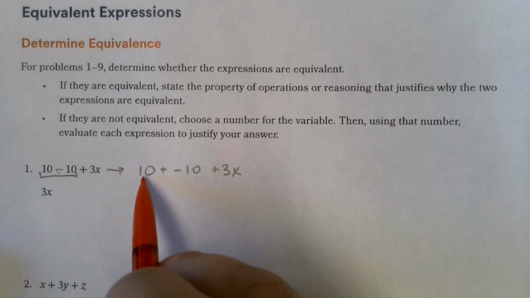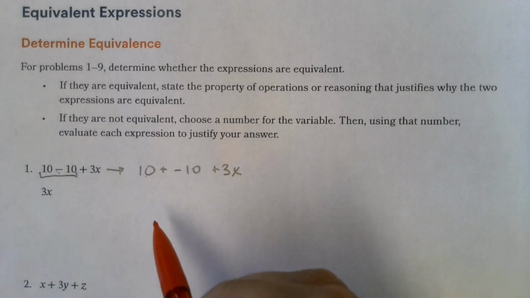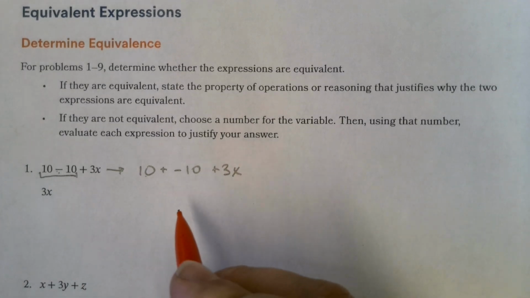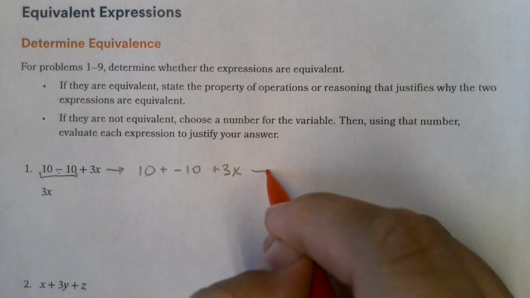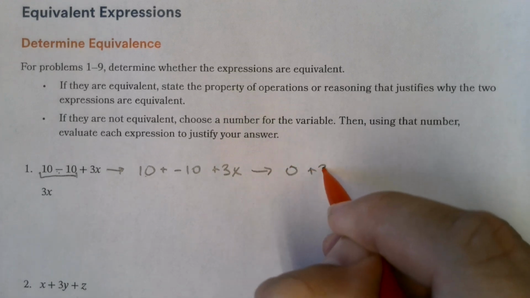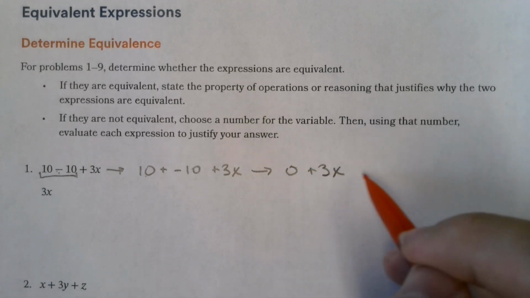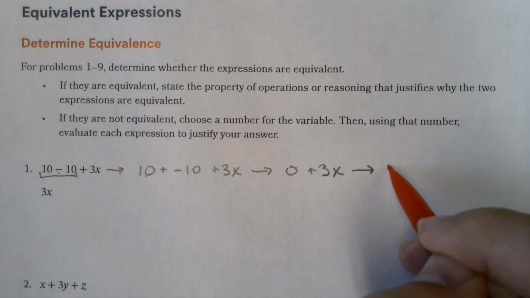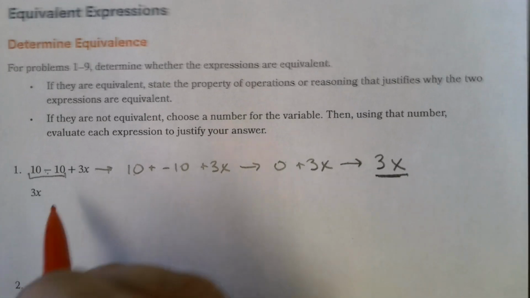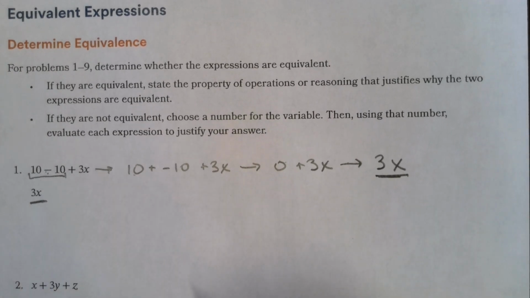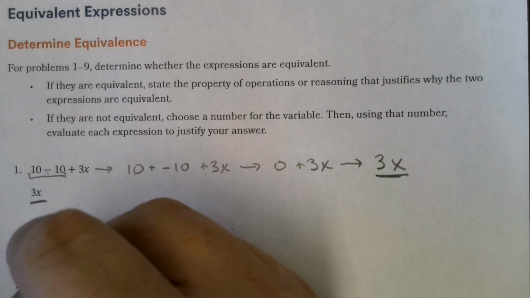Okay. And now we notice that 10 and negative 10 are additive inverses. And when you add additive inverses, you get 0. And anything plus 0 is simply itself. So I have 3x and I have 3x. Okay? So these are equivalent.